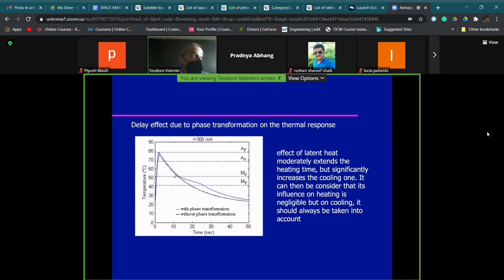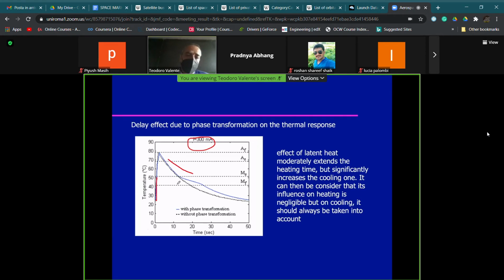With these materials we have in mind, these are the heating and the cooling temperature values in a specific case, that is with a current intensity of 300 milliamperes for our selected material.